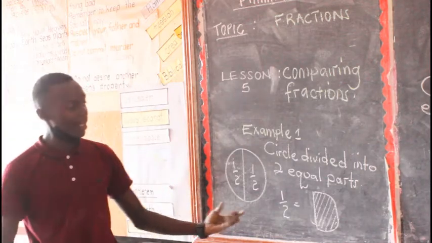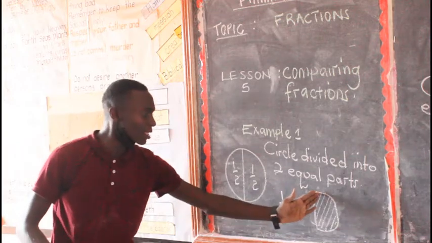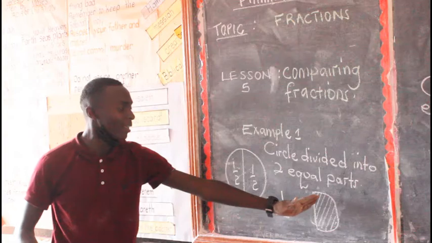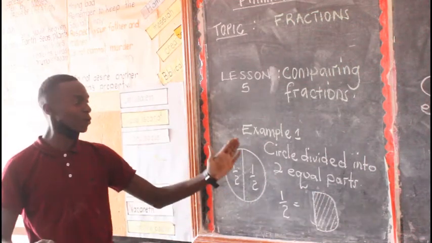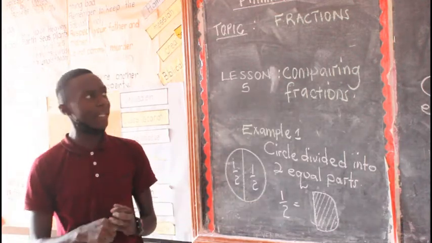So this is the second part of this whole. That is half of it, because it was divided equally into 2 pieces.